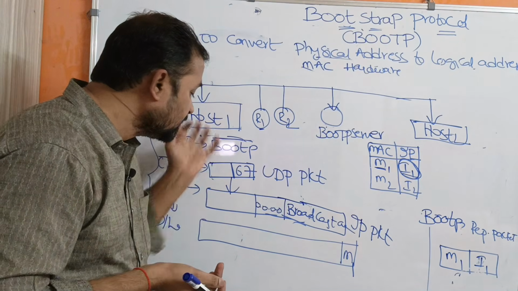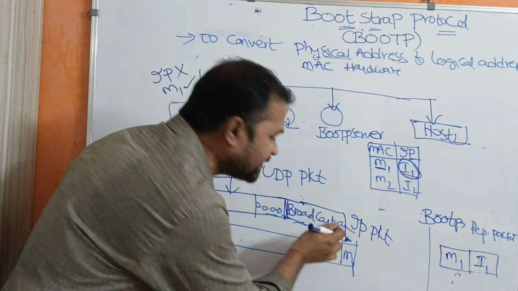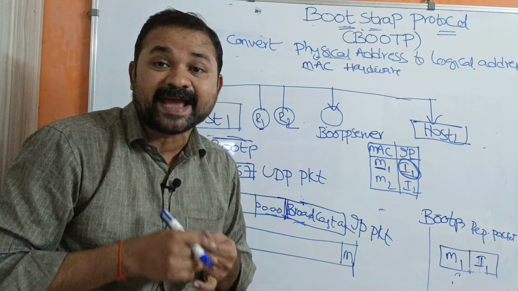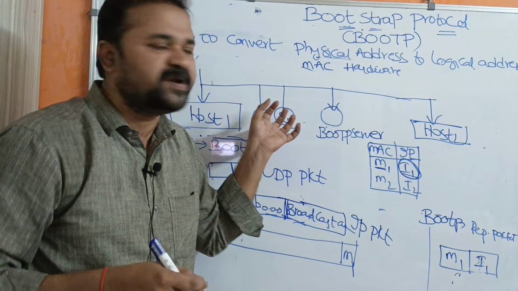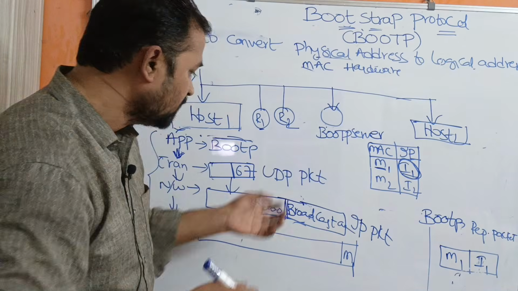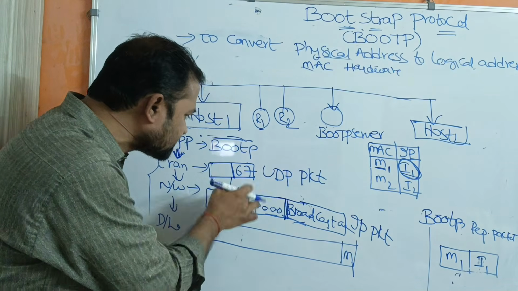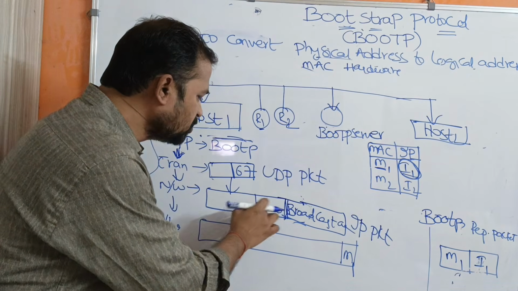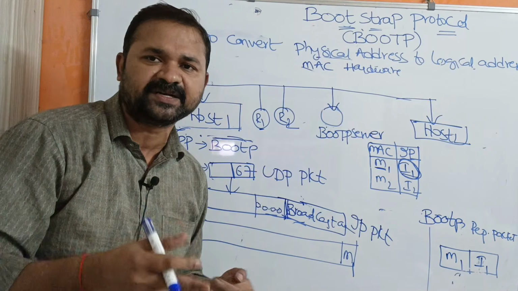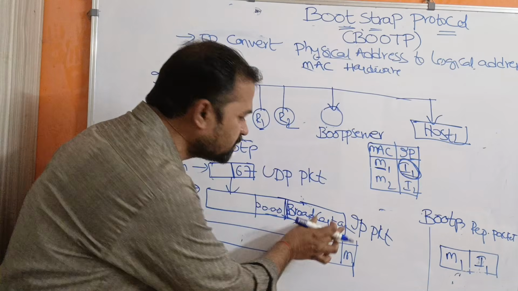One more address is appended, that is the broadcast address, so that with the help of that address the message will be transmitted over the network. So at the network layer we will have the BOOTP message, the port number, and 0.0.0.0 as the source address, and this one is the broadcast address.